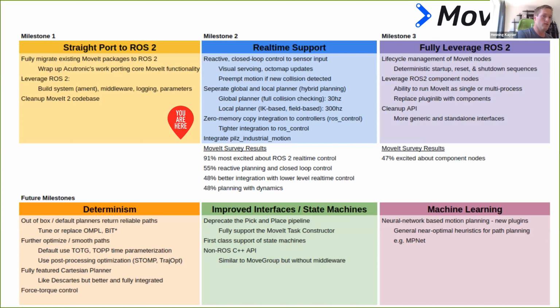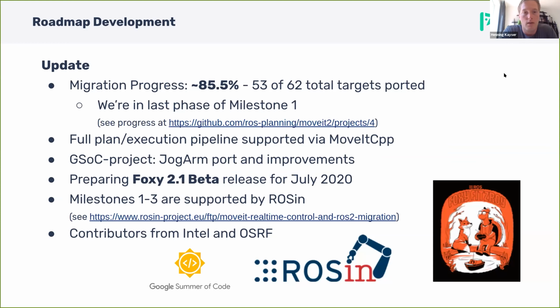For the current state, status update: currently we are in the last phase of milestone 1. The straight migration is about 85.5% done package-wise, so 53 of 62 total targets are ported.